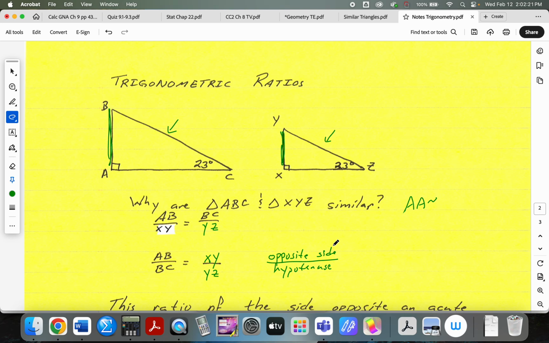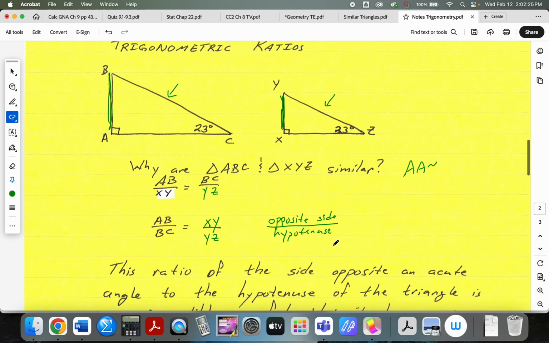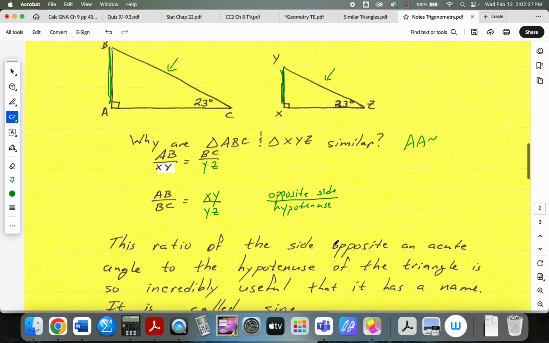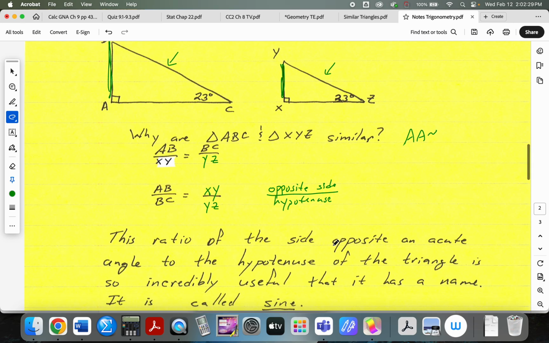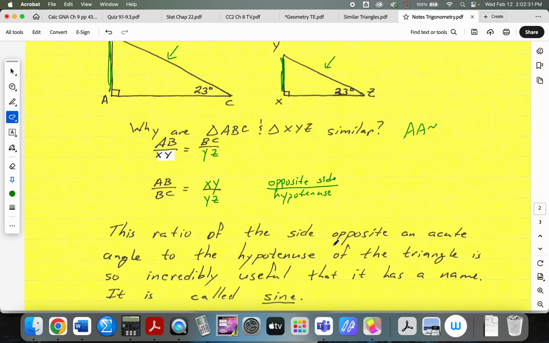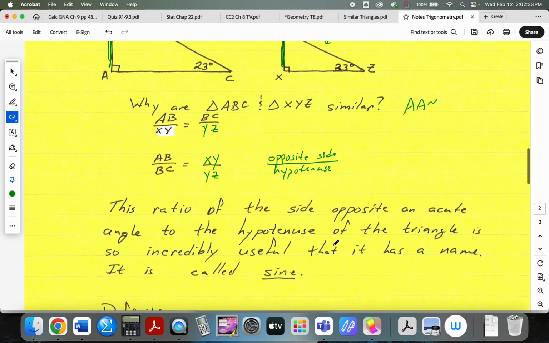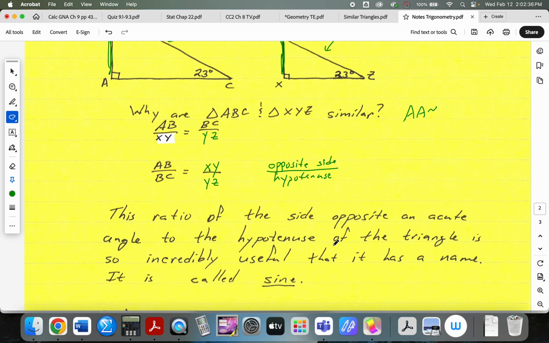And this is the basis for all of trigonometry. So this ratio of the side opposite an acute angle to the hypotenuse of the triangle is so incredibly useful that it has a name. It is called sine, S-I-N-E. There's a long and tortured history behind that name.